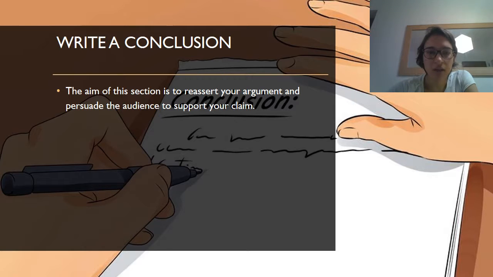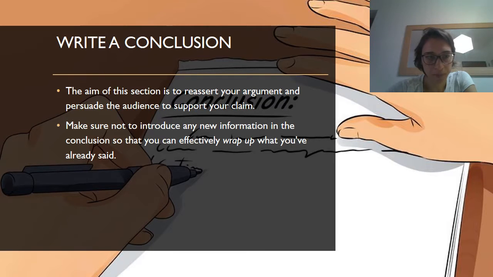Conclusions reassert your argument and persuade the audience to support your claim. So it's your final chance to convince the reader that you have a good point. As I told you before, make sure not to introduce any new information in the conclusion so that you wrap up what you've already said.